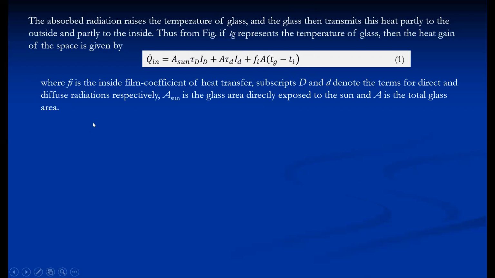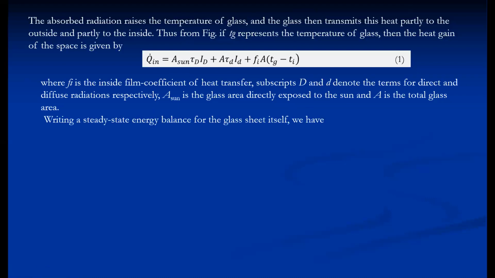The subscripts capital D and small d denote the terms for direct and diffuse radiation respectively. A sun is the glass area directly exposed to the sun, and A is the total glass surface area. For diffuse radiation the entire glass area is considered, but for direct or beam radiation, only the area exposed to the sun is considered.